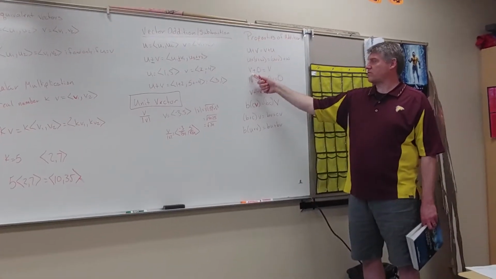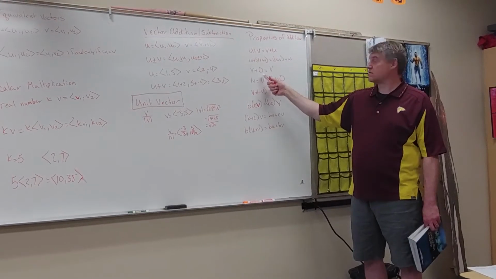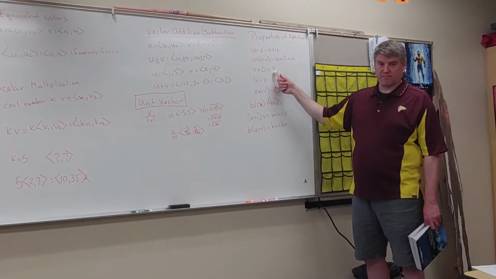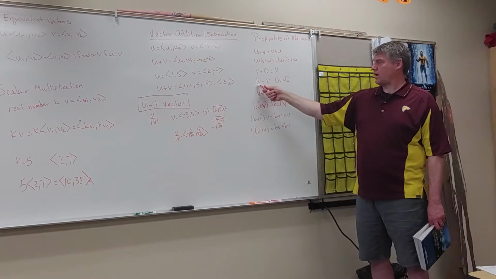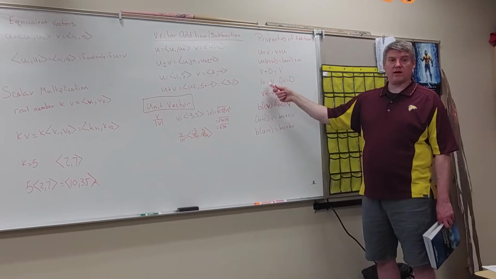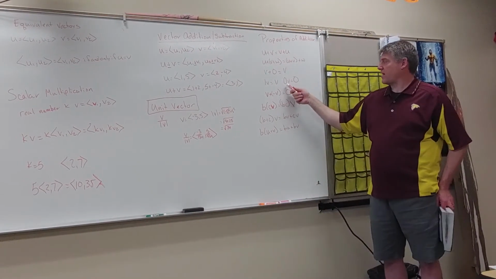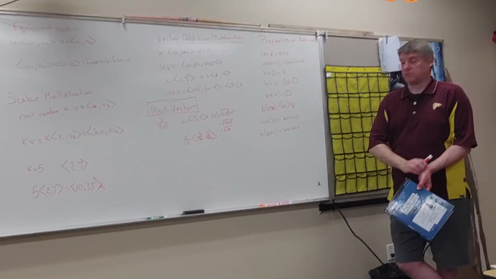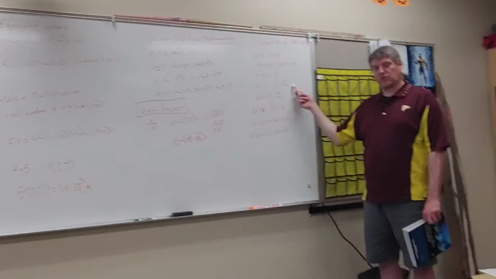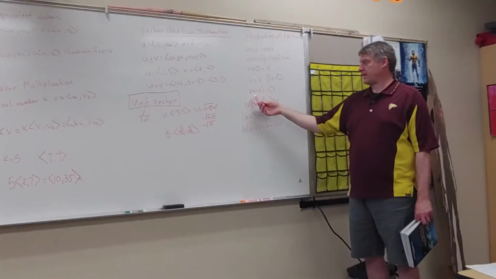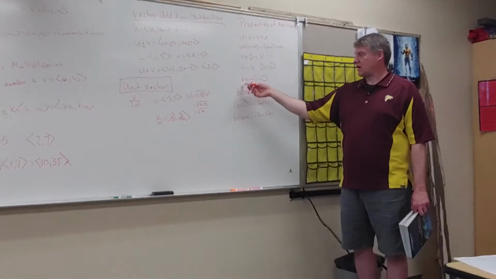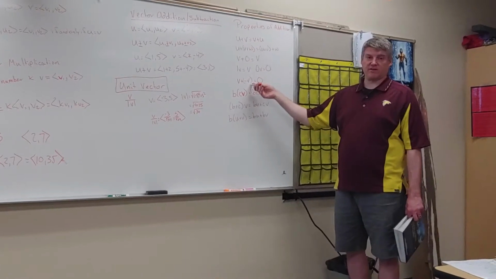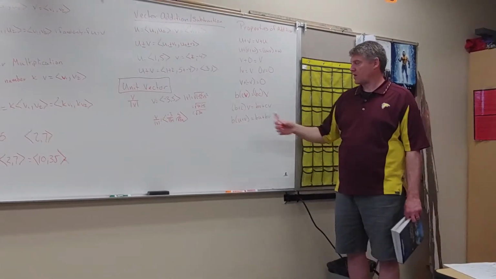So if I have vector u plus the 0 vector, I get vector u. If I have 1 times vector v, I get vector v. If I have 0 times vector v, so I'm taking a scalar multiple of 0, I get the 0 vector. Doesn't move. I have inverses. Vector u plus the negative of vector u gives me the 0 vector.